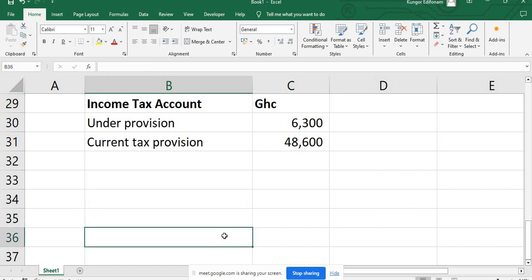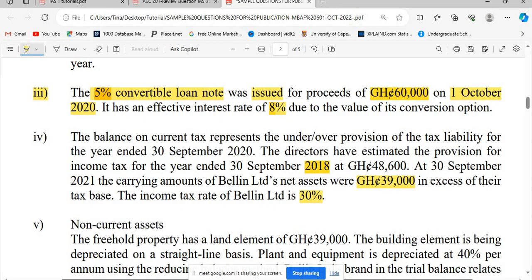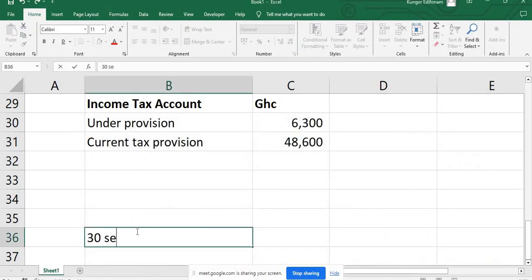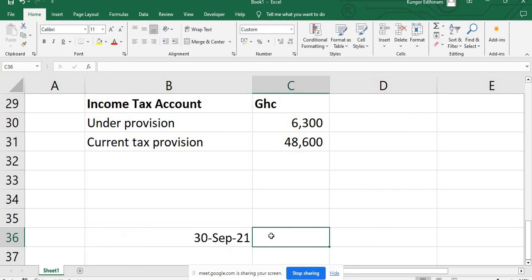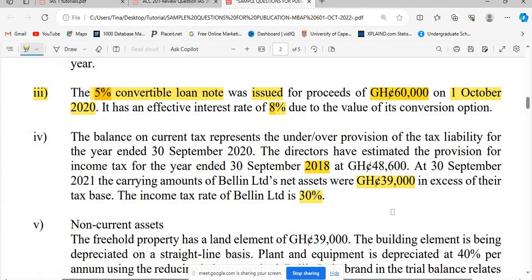All right. So the deferred tax as at 30th September 2021, we have it as 30% of the amount. So that will be the future tax you will be paying. This is the actual difference, and this is the tax rate. Which means that in the future you'll be liable to a 30% tax on this difference, but for now you are not liable.